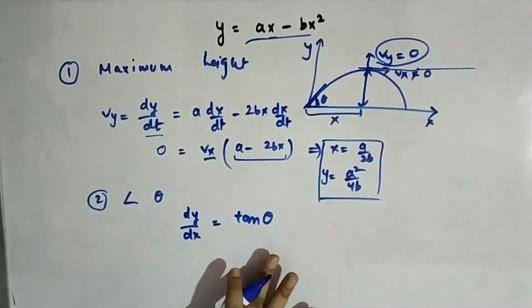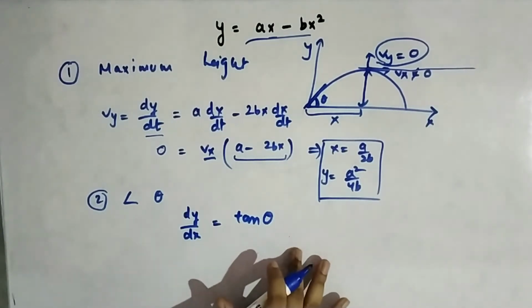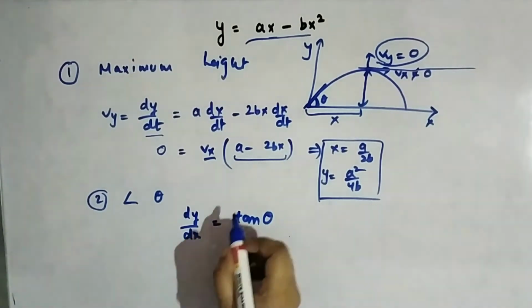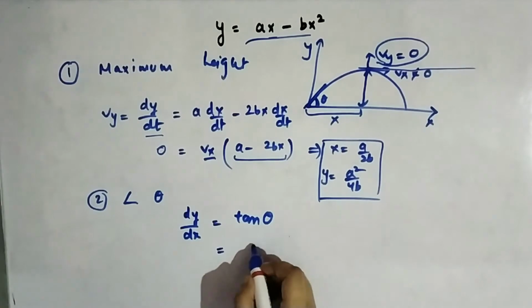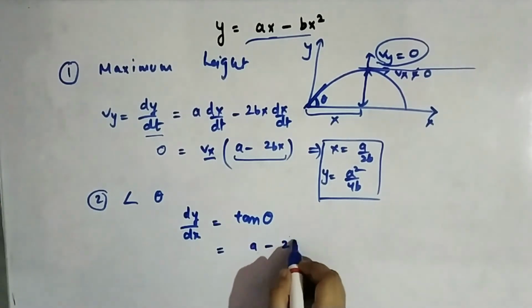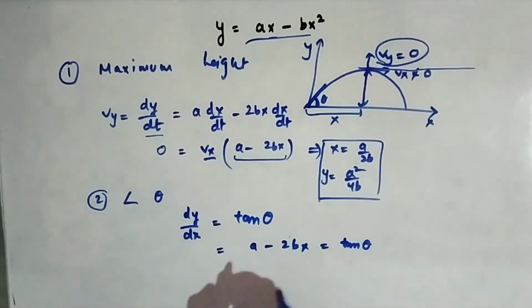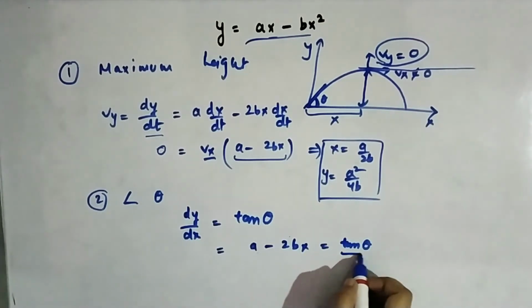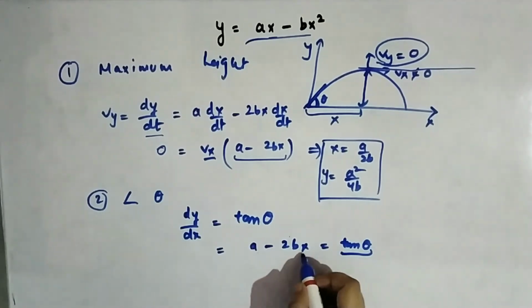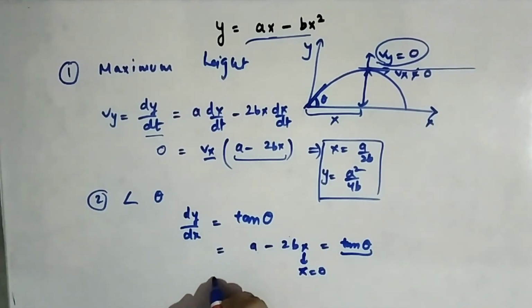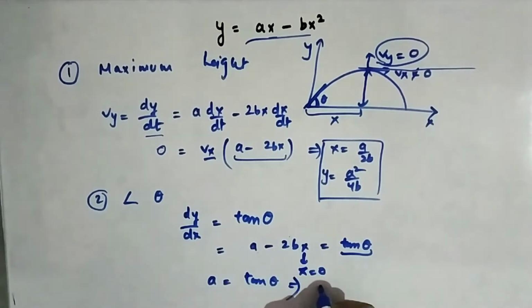So that's what I was saying, this is not very intuitive. We will look into the other method in the other video. So we have a minus 2bx equal to tan theta. Since this is tan theta only at x equal to 0, we'll put x equal to 0 here, which will come a. Hence we get the answer that theta equals tan inverse a.